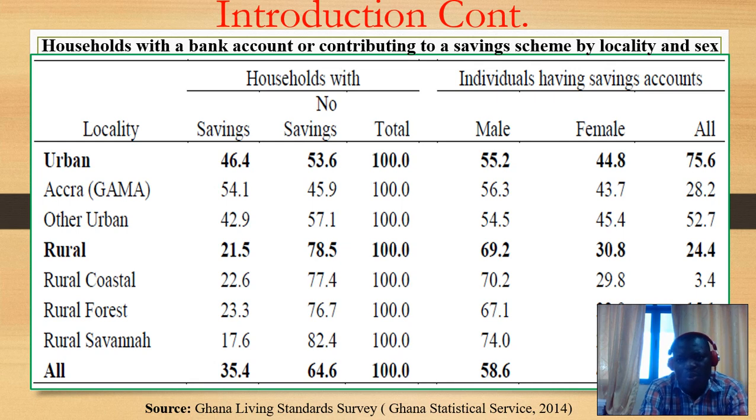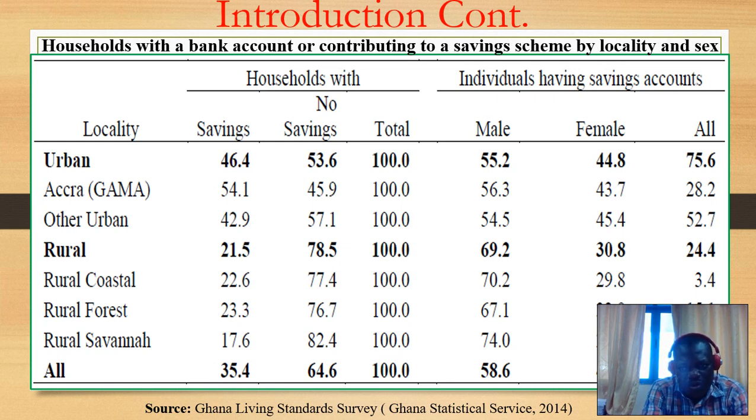Again, when we decompose into male and female who are saving, 55% of male are saving and 44.8% of female are saving. What it means is that 75.6% are the one who are saving. 56.3% of male in Accra are saving and 43.7% of female in Accra were the one who are saving at that period.